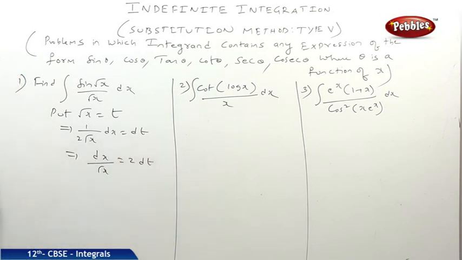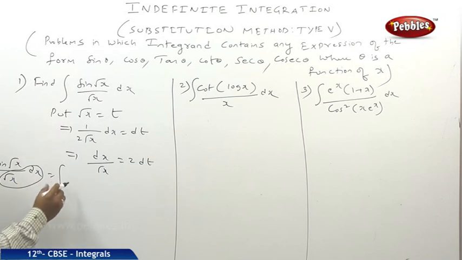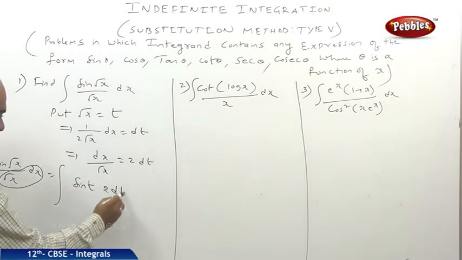Therefore our problem will turn down like this. Integral of sin of root x by root x dx is equal to sin of root x, which I called t, but this particular dx by root x becomes 2 dt. So finally our problem turns into sin t, and dx by root x is nothing but 2 dt.